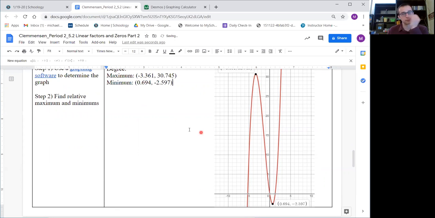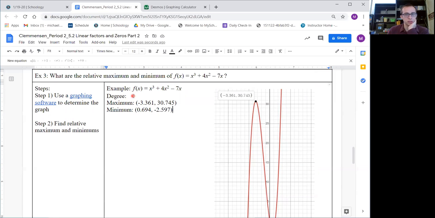Notice that I put them as a point and not as just an X value or a Y value. It is a point on the graph. It is not the tallest point or the smallest value. It is that point. Right? So I expect you to use ordered pairs for all your answers.